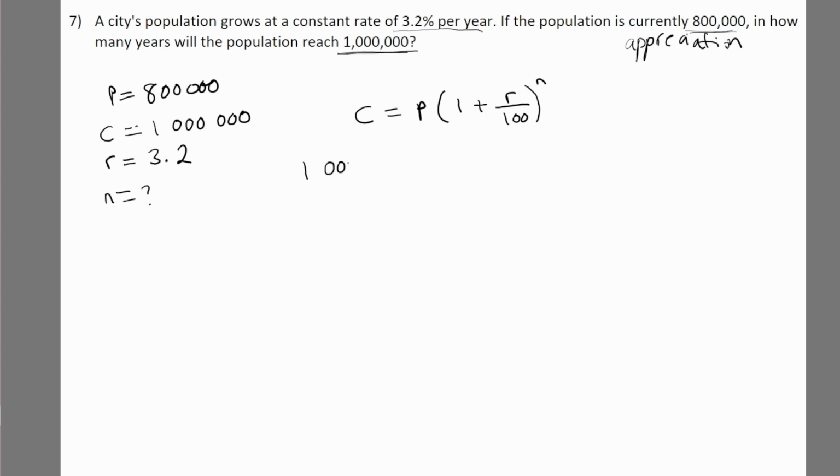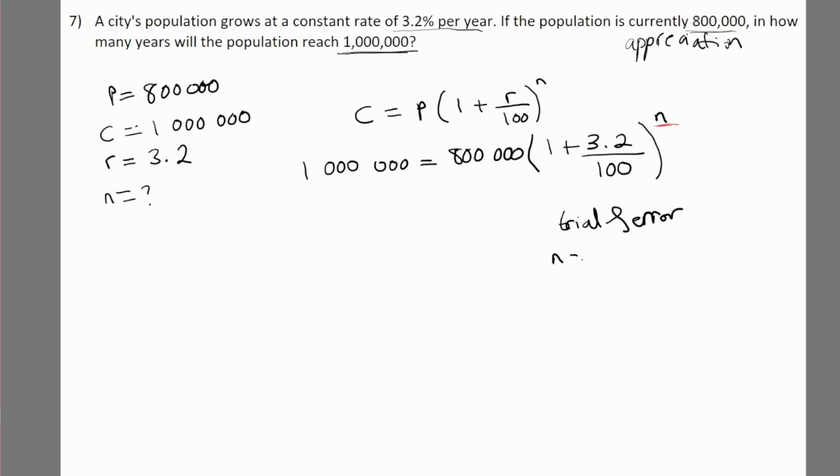So 1 million is equal to 800,000 multiplied by 1 plus 3.2 over 100 to the power of n, which is unknown. Now, as you remember, if you've watched the appreciation or the compound interest videos, when you don't know the n, you should be solving it by trial and error.